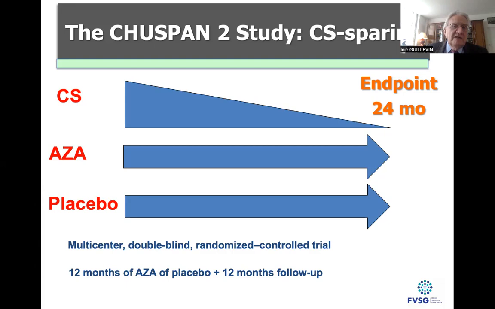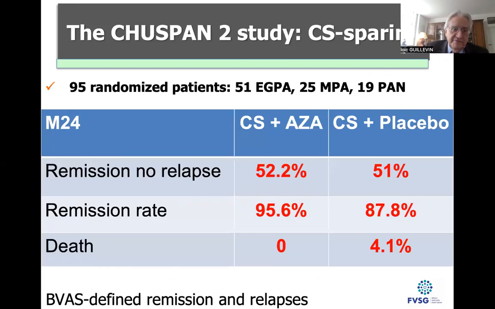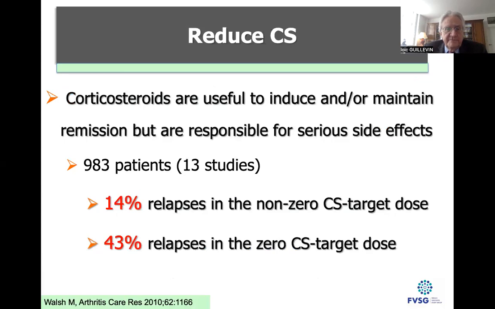And our question was, is it really useful to give azathioprine combined with steroids as induction treatment, or to give a placebo in place of azathioprine? And when you look at the 95 randomized patients, you see the remission without relapse, the same in both groups, the remission rate, the same in both groups, and the number of deaths, no difference.